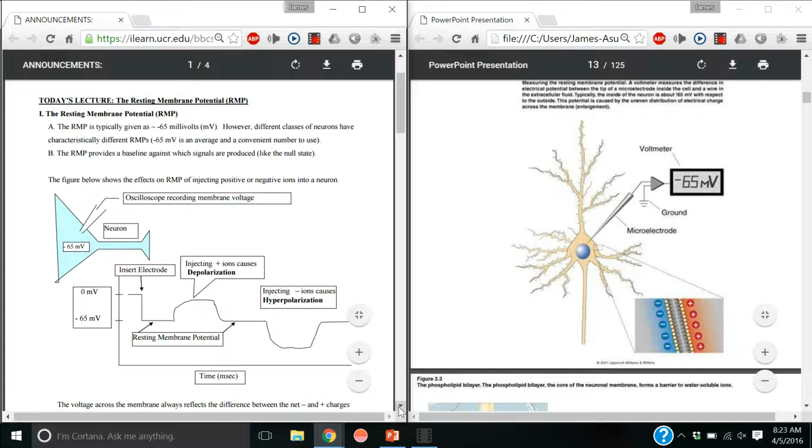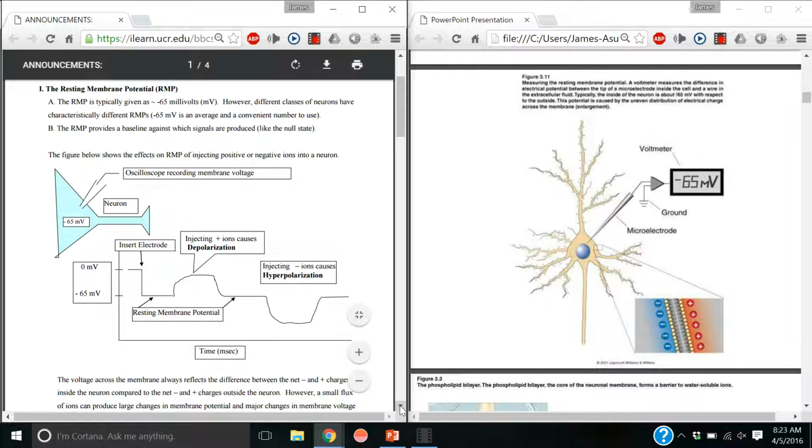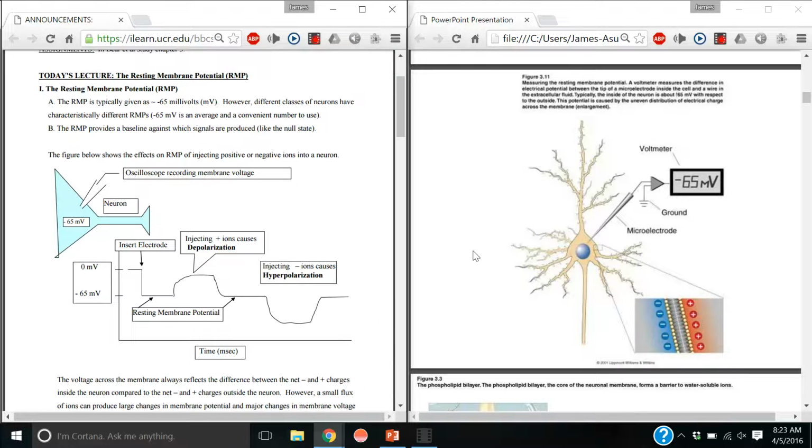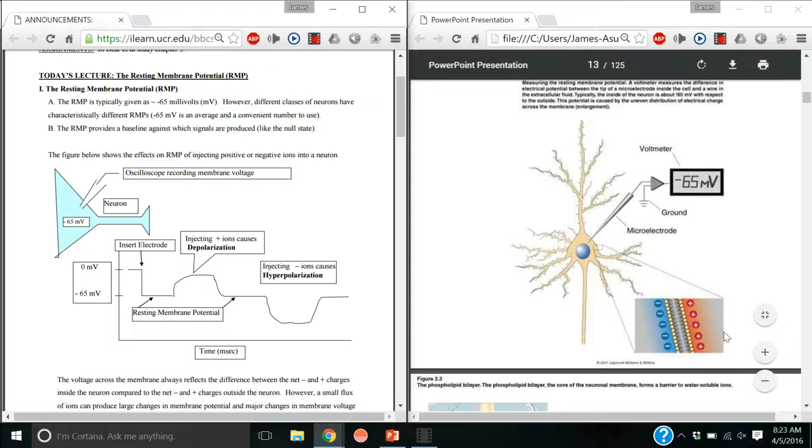And why is it negative? Well, if you look at this little insert down here, it is supposed to represent the neuronal membrane, the lipid bilayer. The reason that the value in the voltmeter is negative is because there are more negatively charged ions inside intracellularly than outside, and the membrane voltage is negative.